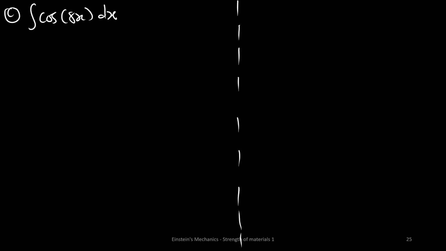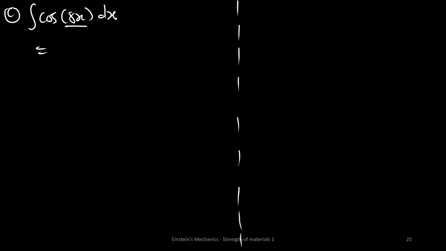Now the C, we have the expression integral of cos 8x dx. So here what we have to do is first differentiate what is inside here, and if we differentiate this, that is going to be what? 8.